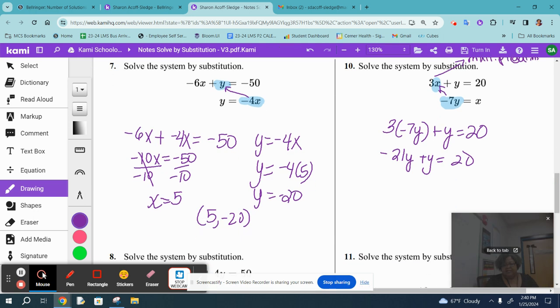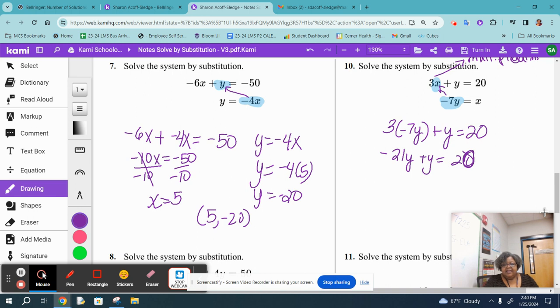Negative 21y plus y is negative 20y because we subtract. Keep the sign of the larger number. Where did you get 21 from? 3 times 7.